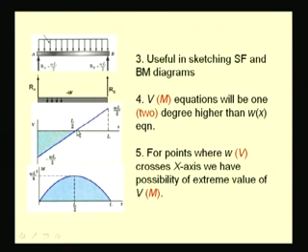We have also seen that at places where the shear force curve crosses the abscissa, we have the possibility of the extremum value for the moment. So, these characteristics can be used to draw the shear force and bending moment diagrams for the beams.